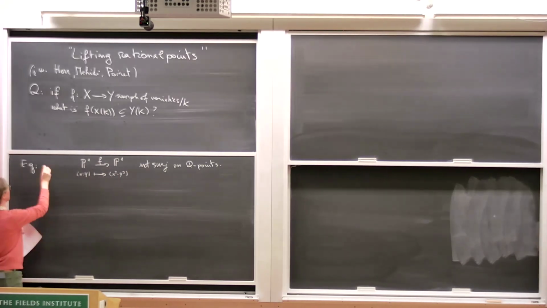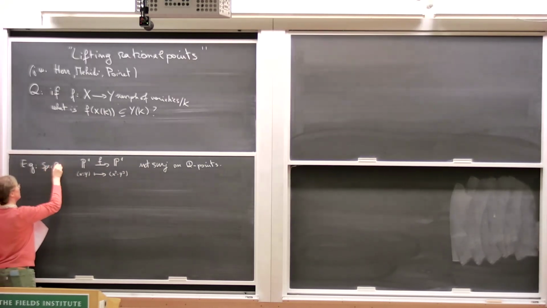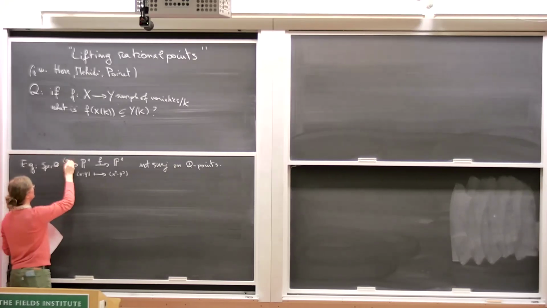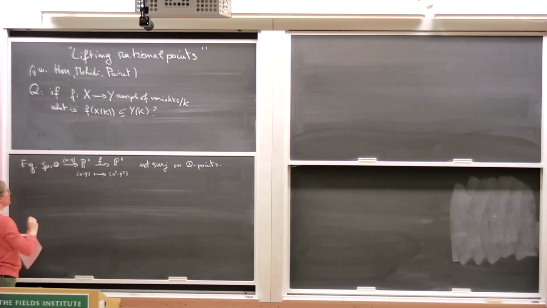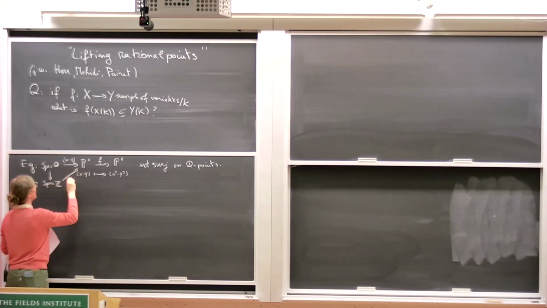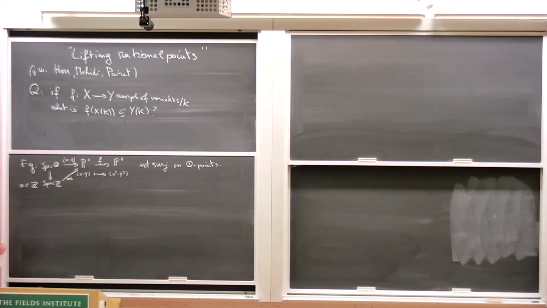So let's look at an example. Let's say that we have a point, and I'm going to make my life simple. I call my point with coordinates (a,1), with a an integer. This can be extended easily because P1 is projective, proper, to a map actually from spec Z. And I'm going to call this alpha.